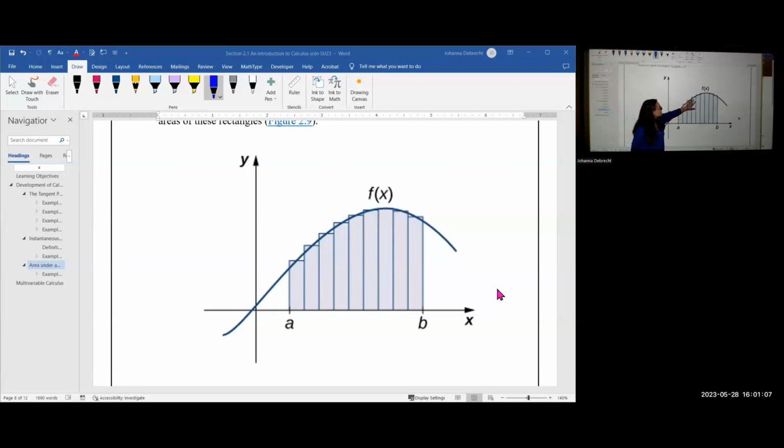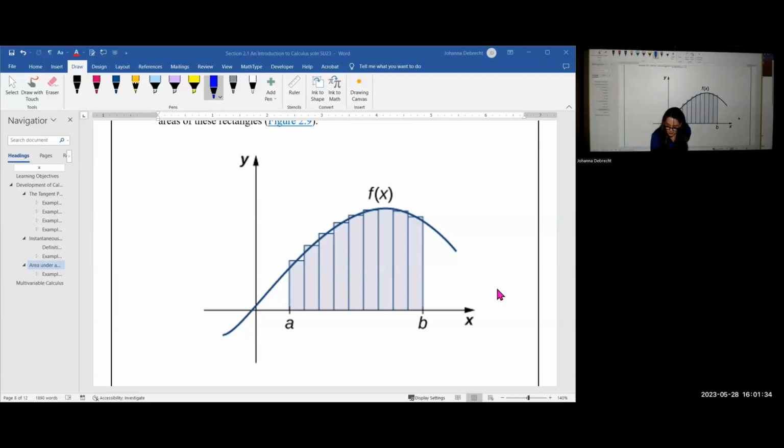So when we're looking at this one right here, you can see we've taken the same curve and we've divided the region between A and B into equal partitions. Partitions mean cut it up, basically. And each little one, they don't actually have to be the same length. They can be different lengths as long as the widest one eventually approaches 0. That's what we're going to do.